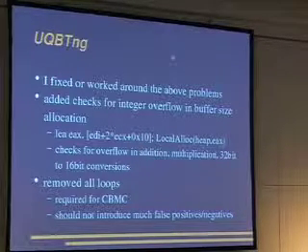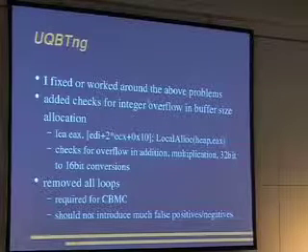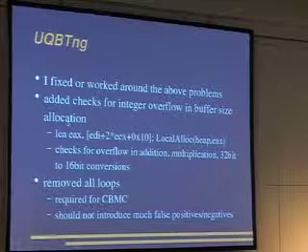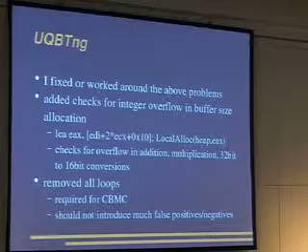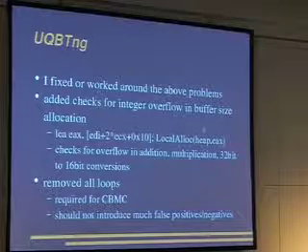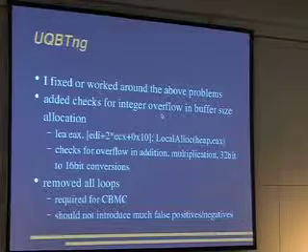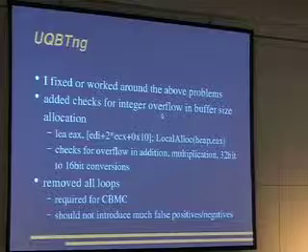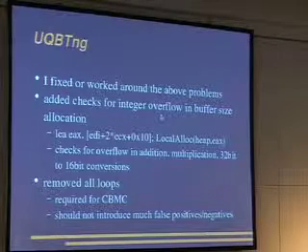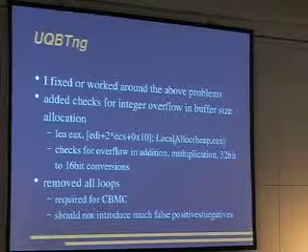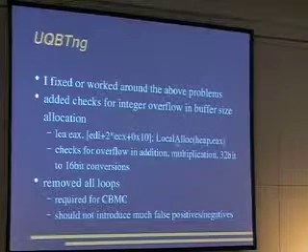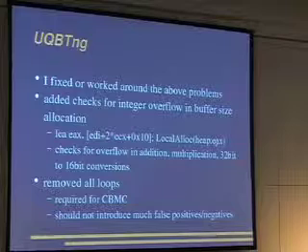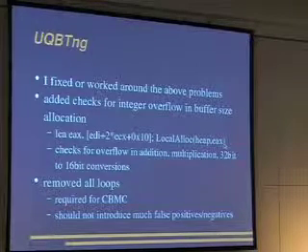So the last thing is to add checks for integer overflow in buffer size allocation, right? Of course, integer overflow can happen in many places, but it's most dangerous when it happens in buffer size allocation. And again, it's another thing I have assumed. So we have this example: a LocalAlloc call, which allocates memory with a library function and takes EAX as an argument, the size.